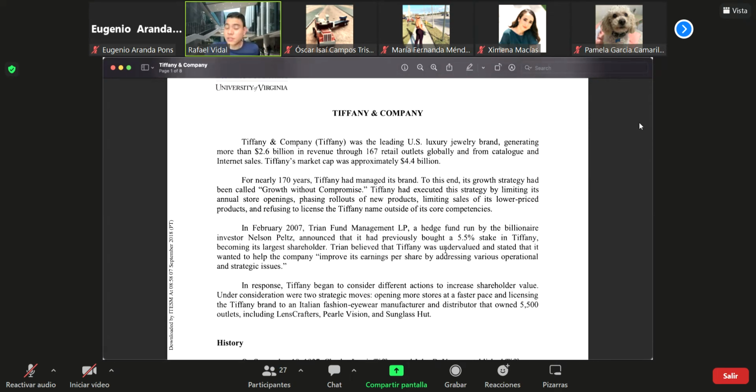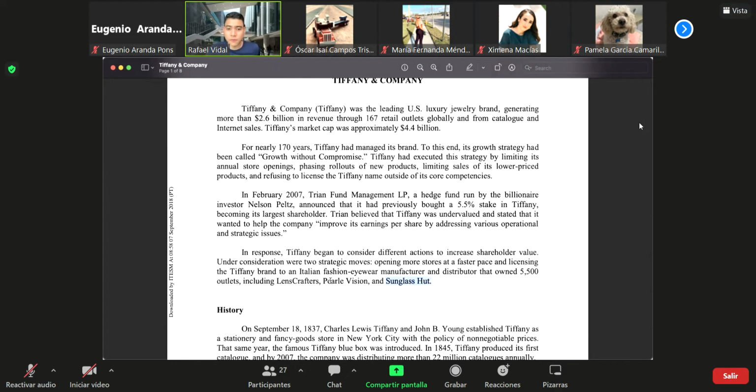And that's not the first time they are doing this. And if you see the brands Luxottica has, it's an Italian fashion eyewear company. They have Sunglass Hut, LensCrafters, Pearle Vision. I don't know about you, the only ones I know are these two.